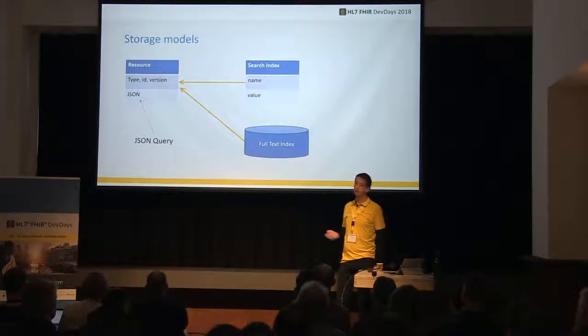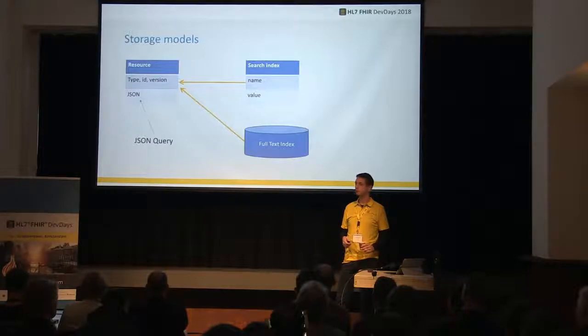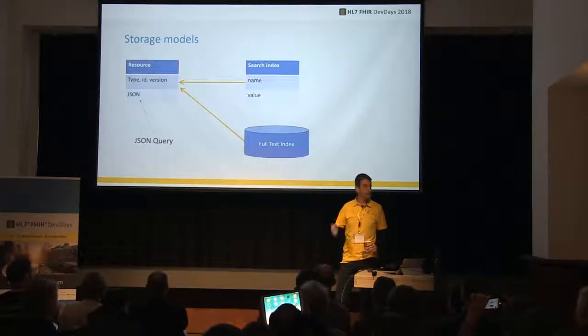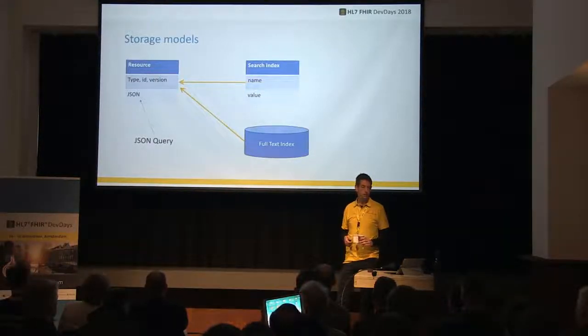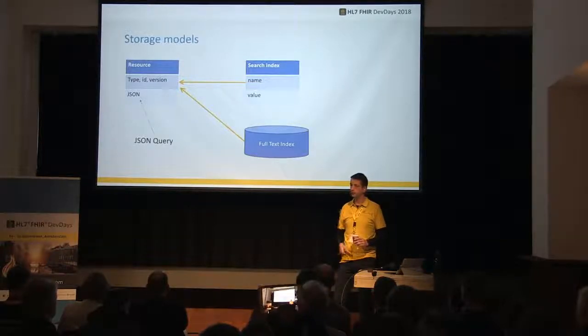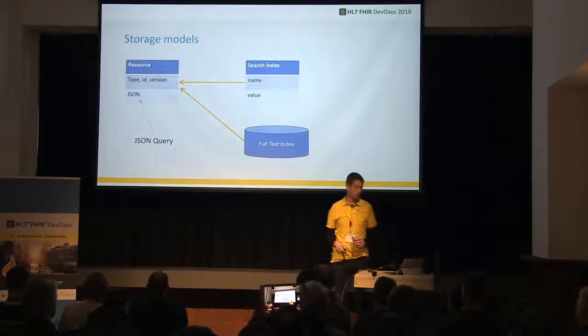Usually these are separated for the types of search parameters that we have. We'll get to a search page as well. I'll explain more about that. Then you can add a full text index, or maybe even if you're Google, you can add your Google search to it to provide searching on all the text of the resource, and especially also the narrative.